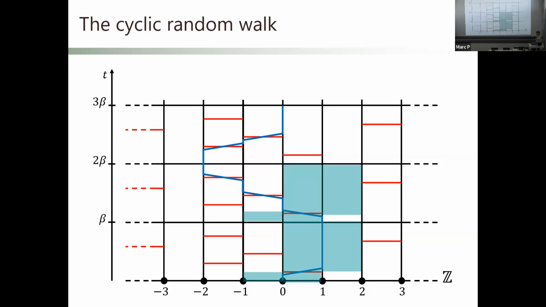So what we'll need to do is keep track of what information we've revealed as we go along. And so now if we're at time, say, 3/2 beta, we'd reveal this extra yellow bit of information, and we'd be here. Now we don't know what's going to happen in the next little increment of time.